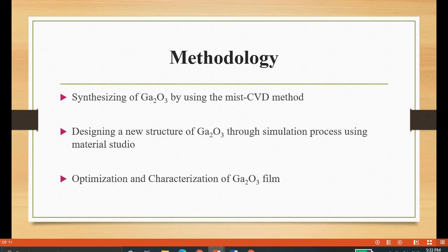And lastly, for my research methodology, the stage is the optimization and characterization of gallium oxide thin film. This involves UV-Vis and also XRD in order to determine the optical properties of the gallium oxide thin film. On the other hand, for the structural characterization, it will utilize FESEM, TEM, AFM, XRD, and optical microscope.